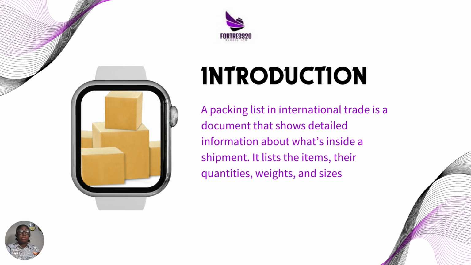It includes information about the items, their weight, the quantities, and sizes. This document helps customs, shipping companies, and buyers verify that the shipment matches other documents like the bill of lading and the commercial invoice.